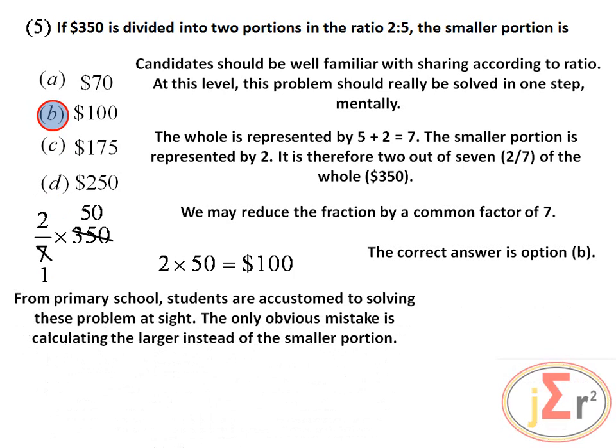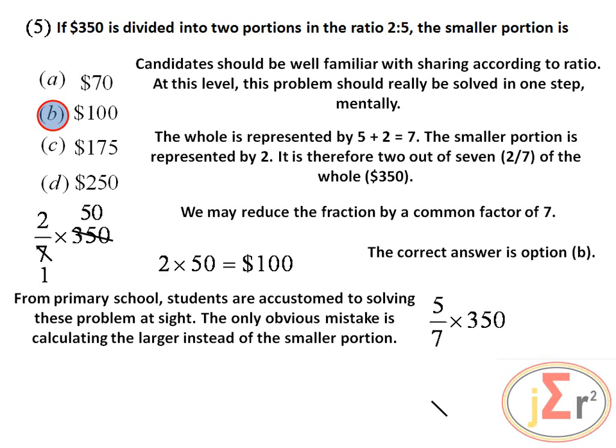From primary school, students are accustomed to solving these problems at sight. The only obvious mistake is calculating the larger instead of the smaller portion. Highly unlikely, highly improbable, but possible.